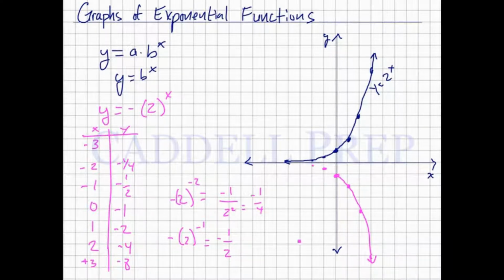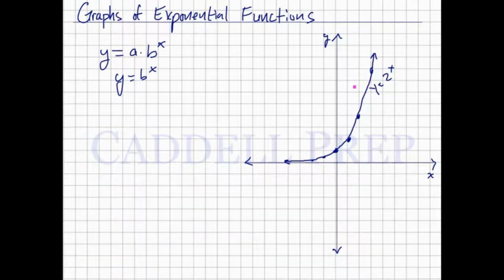And we put negative 3 in, negative 2 to the negative 3, negative 1 over 2 cubed, which is negative 1/8. And it'll be really close to the line, so we have a graph like this. So a negative is going to reflect it over the x-axis.